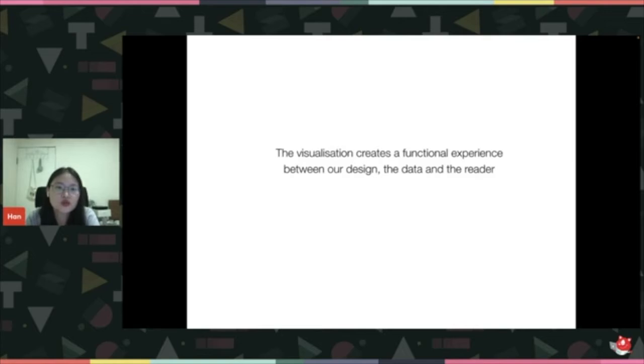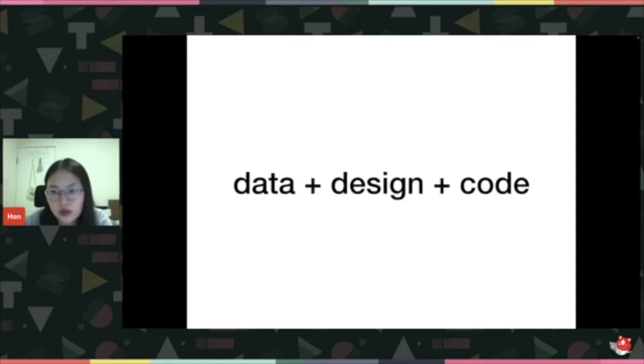I think doing data visualization in the newsroom means we build stories based on the data we have found and use design to make it look nice and then present the information to our readers. Based on that, these are the major parts of what I do at SCMP. First, I need to collect data, and sometimes I need to clean the data if it's not in a good structure.